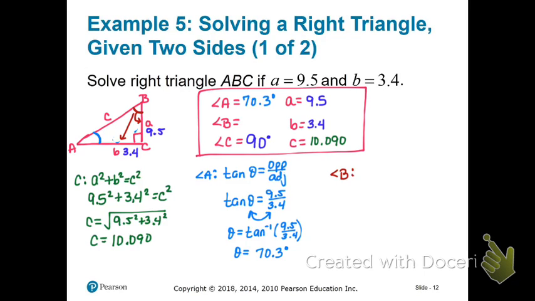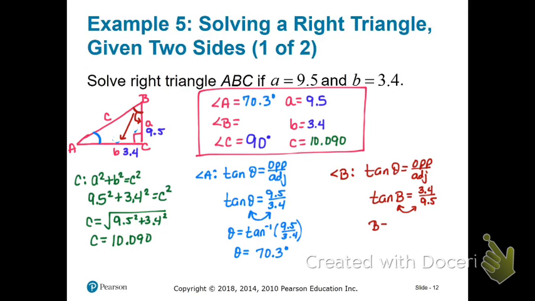So for angle B, let's use our tangent again. No. Because now we don't know our theta, which I guess I should put B there, even though I left it as theta on the last one. Opposite is now what number? And adjacent is now, and since we're looking for an angle, we're going to take the inverse.